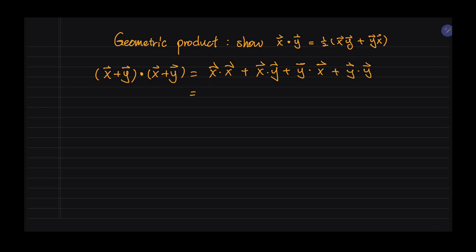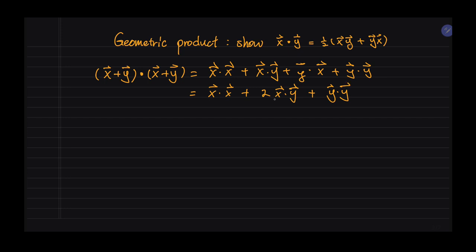And we know that the dot product commutes, so y dot x is actually equal to x dot y. So we can write it as x dot x plus 2 x dot y plus y dot y.